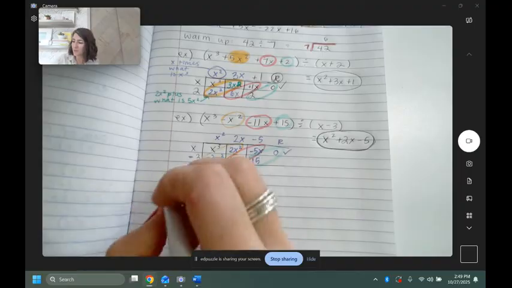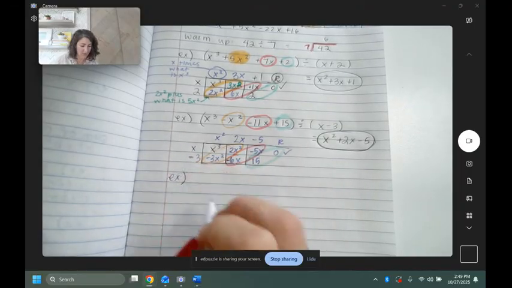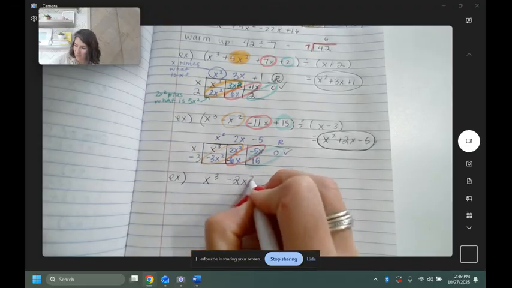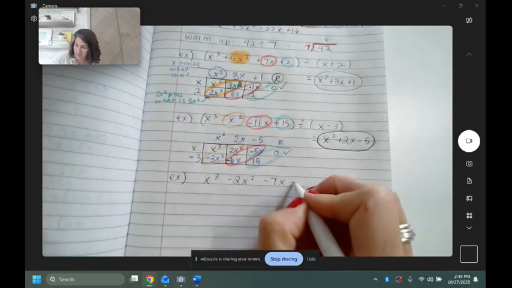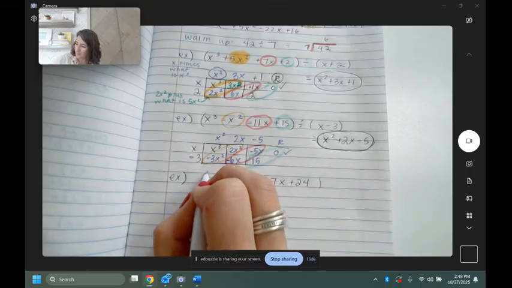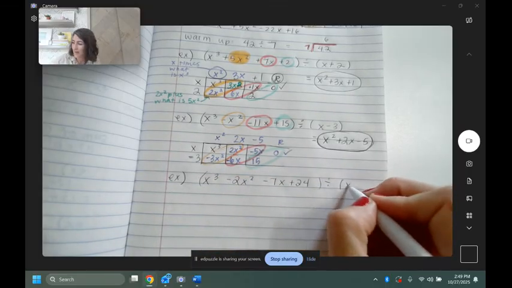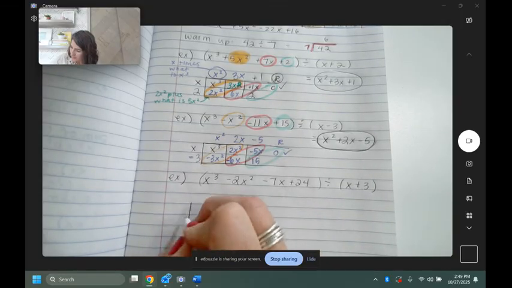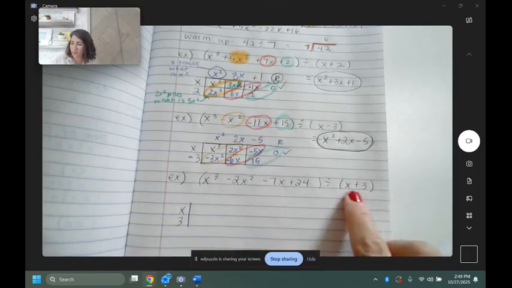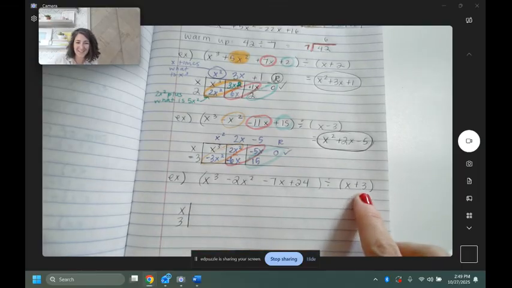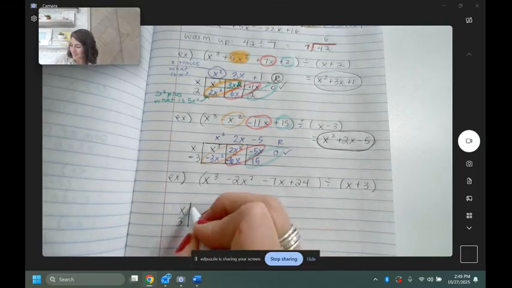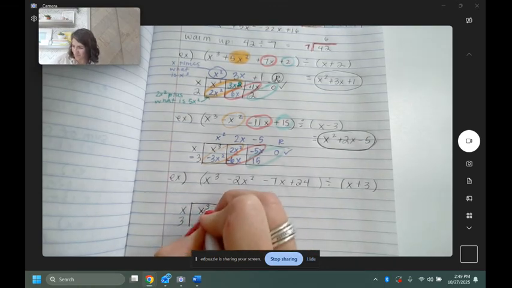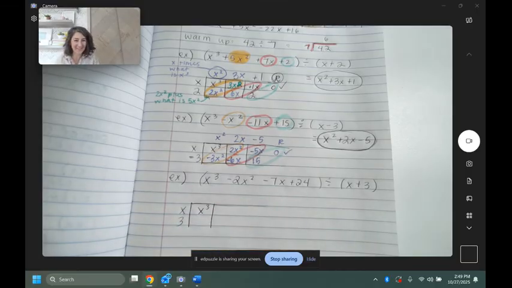Let's do one more example just to get a little more repetition. X to the third minus 2x squared minus 7x plus 24 divided by x plus 3. Absolutely, there will be more complicated factors and starting points, but I think starting simple is important with this one.